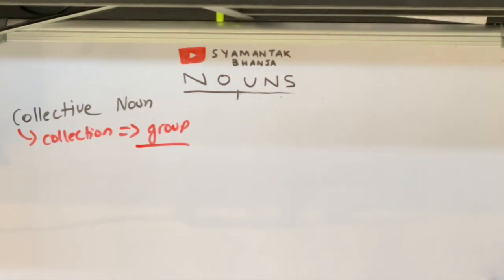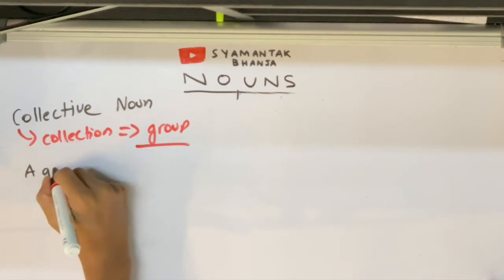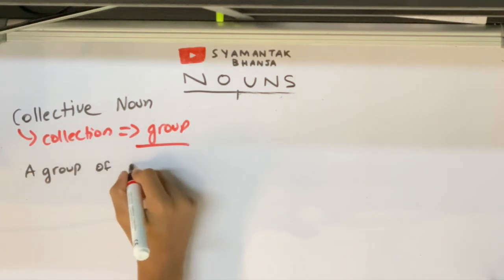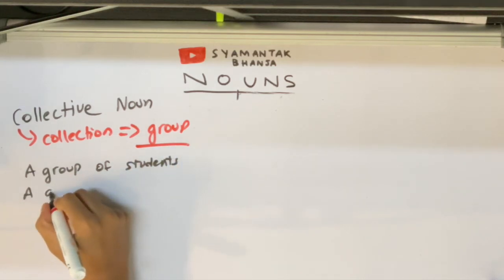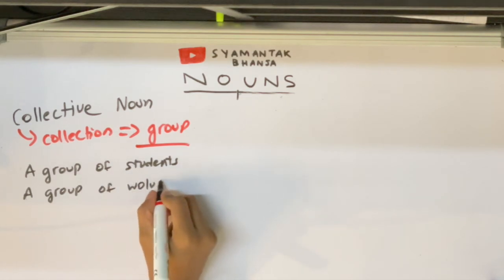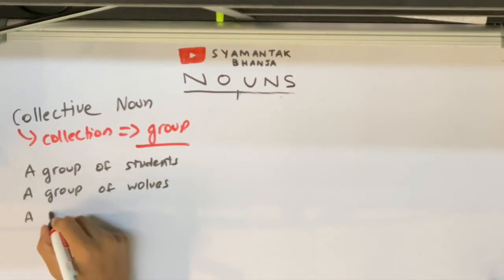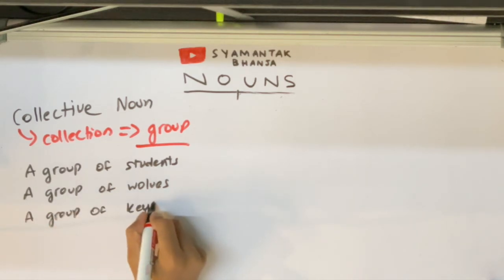There are certain specific words for a group of something. And these specific words have to be learnt. For example, a group of students, a group of wolves, a group of keys.